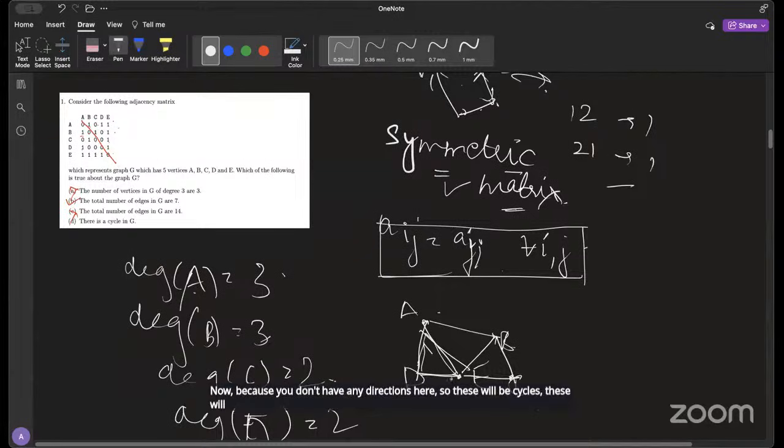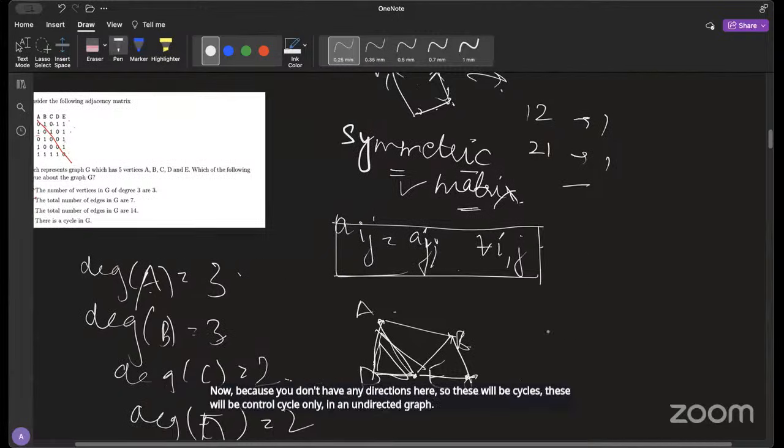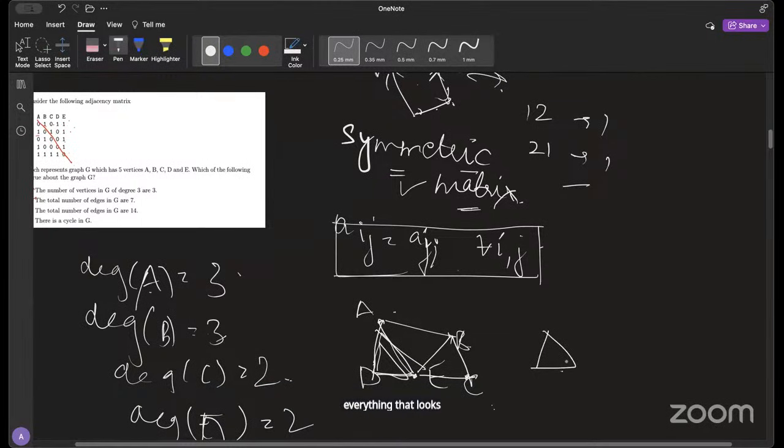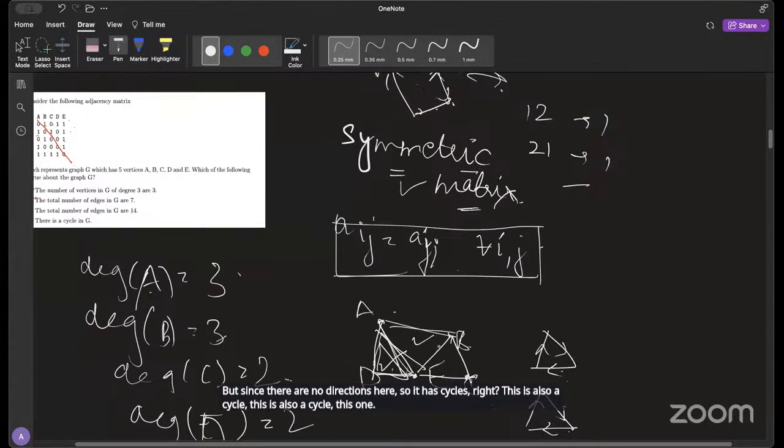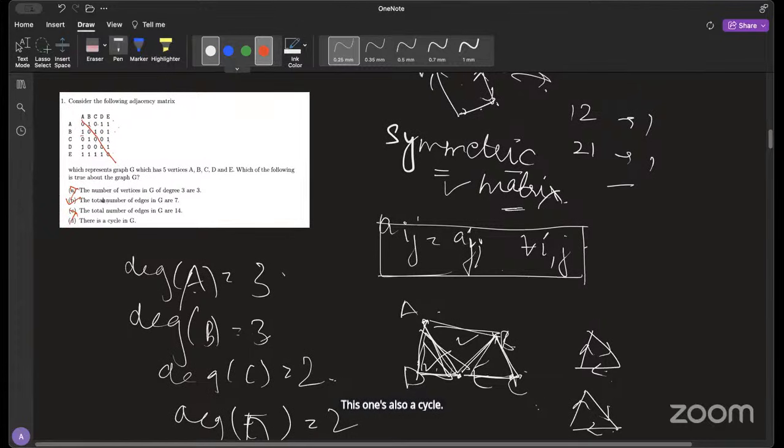In an undirected graph, everything that looks closed is a cycle. And in a directed graph, you consider the arrows too. So this will be a cycle, but this won't be a cycle. But since there are no directions here, it has cycles, right? This is also a cycle, this one's also a cycle. So this option should be correct then.